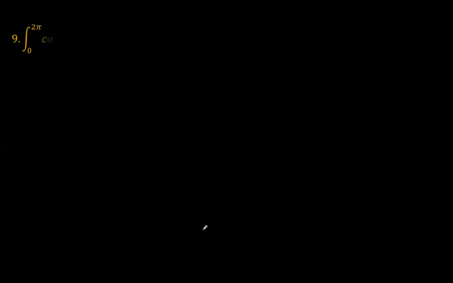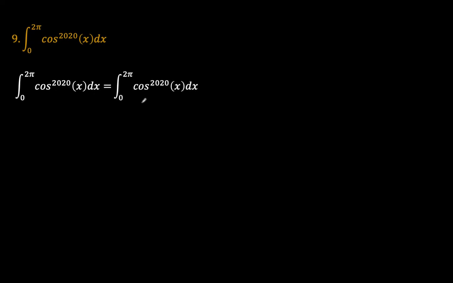Problem 9 is the integral of cosine to the power 2020 of x. The integration of cosine to the power 2020 of x is the same as the integration of cosine to the power 2019 times cosine x. I didn't really do anything here, it's so simple.